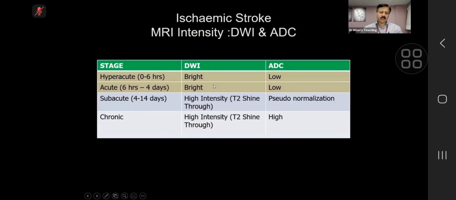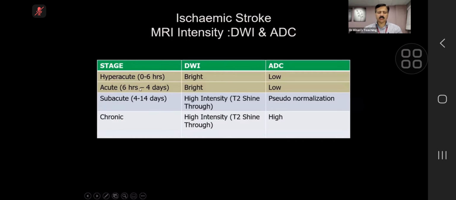Now, diffusion weighted sequence is, as we have pointed out, the king sequence vis-a-vis acute ischemia. Acute infarctions or strokes can be divided into these stages as far as MR is concerned. Hyperacute, which is 0 to 6 hours, then acute, 6 hours to 4 days, then subacute, 4 to 14 days, and then chronic.